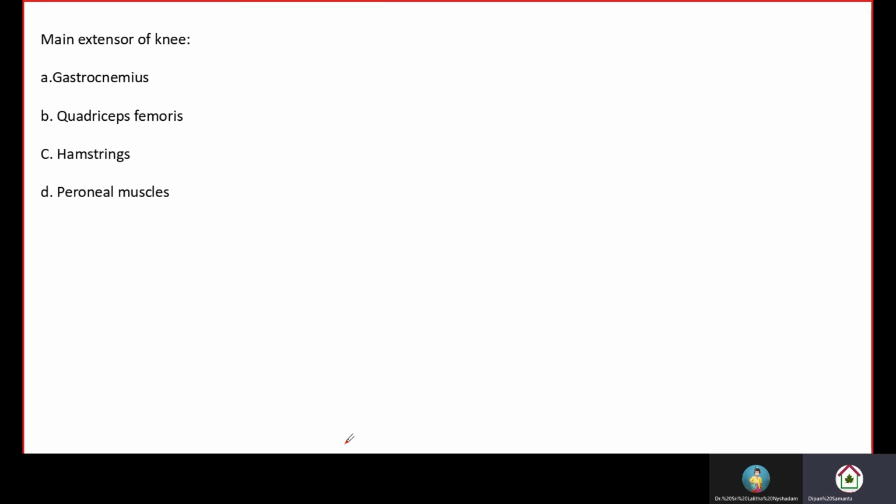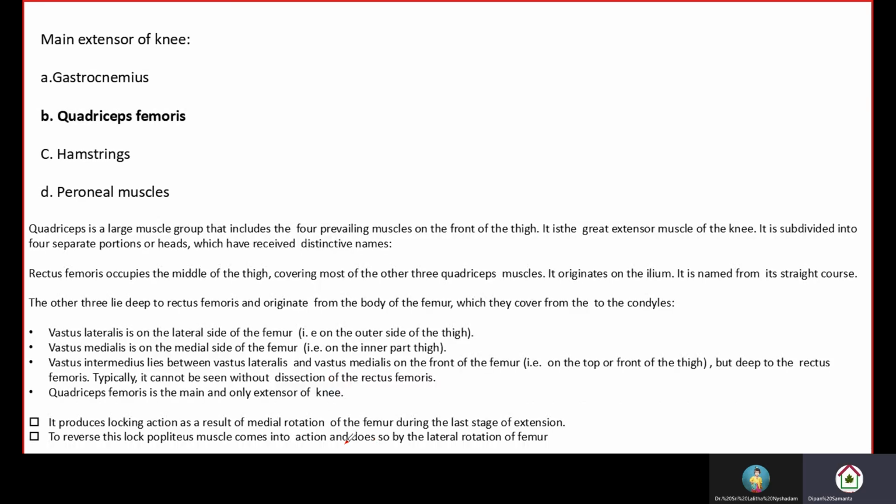Main extensor of knee is quadriceps femoris, and it includes vastus lateralis on the lateral side of the knee, vastus medialis on the medial side, and vastus intermedius lying between vastus lateralis and medialis in the front of the femur.